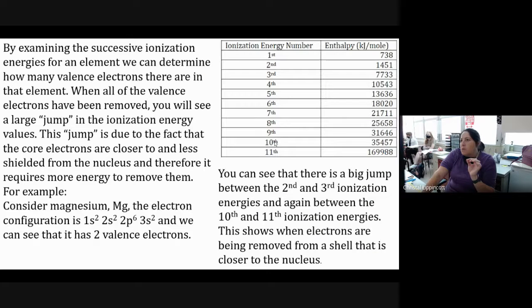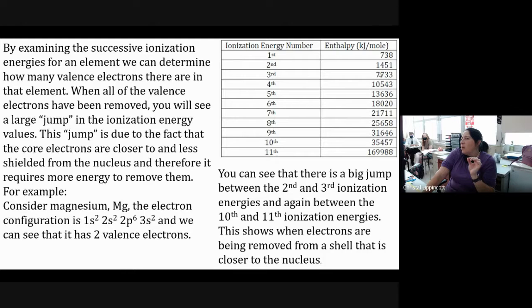Okay, so here, if you look at where this is really showing a dramatic increase, you can see it showing between here and here. See how huge that increase is there? That means that after they removed this second electron, this guy, whatever he is, is a noble gas. Where that big jump happens, that indicates that you're at a noble gas.